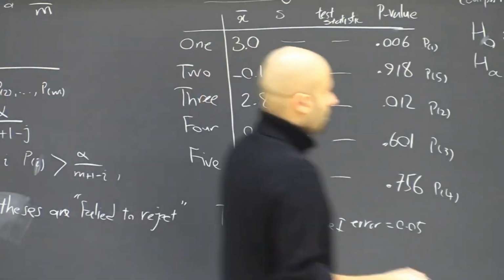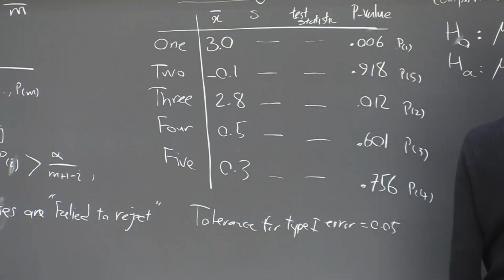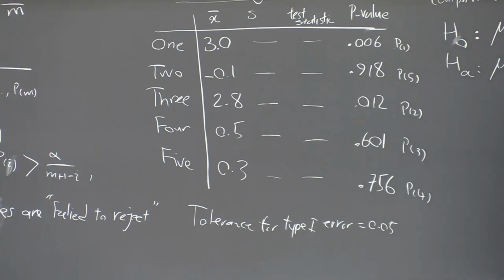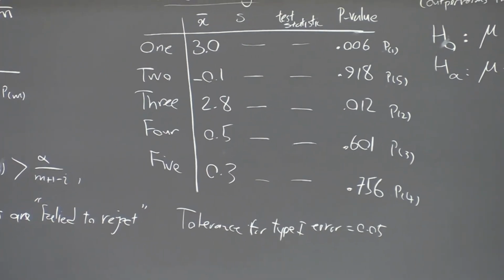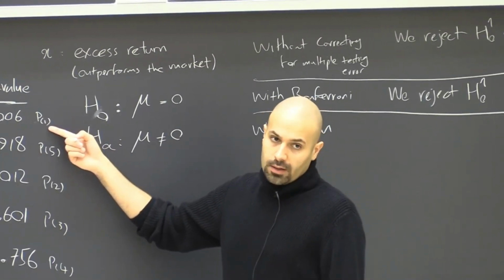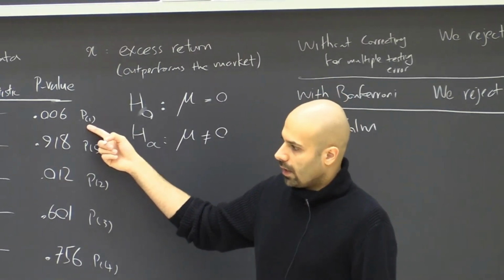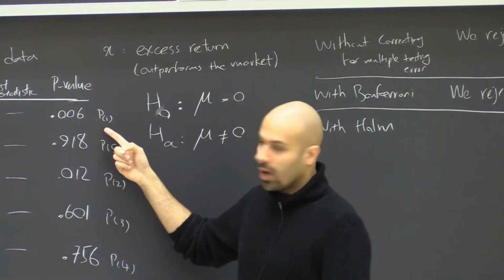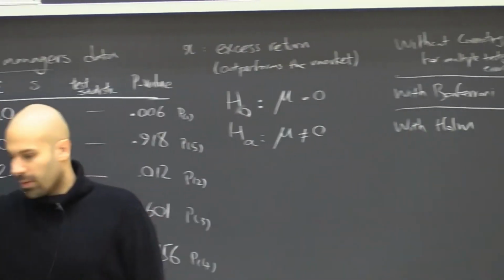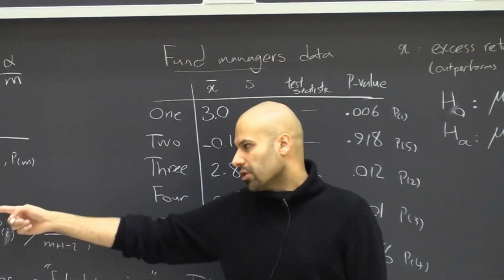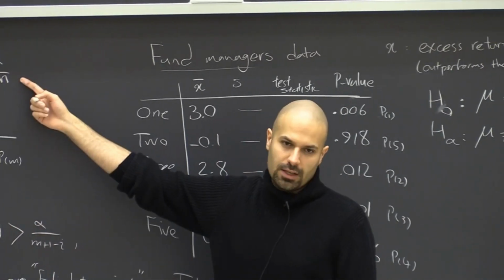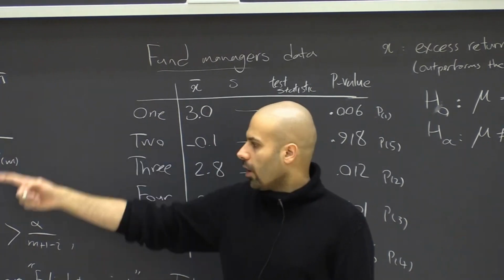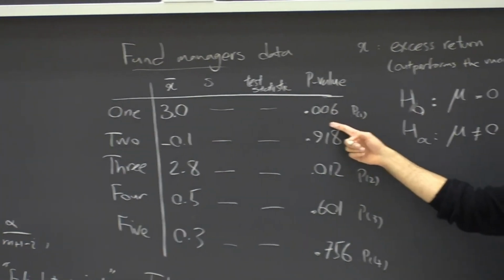So as you can see, the process is a bit more complicated, but let's see what the effect is here. So this is P1. We need to compare it to alpha over m, because for P1, j equals 1, so the denominator becomes m plus 1 minus 1. So actually with Holm, we start with something that is just like the baseline for Bonferroni. So we compare this to 1%.